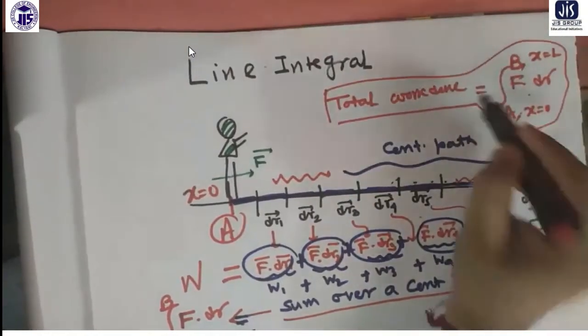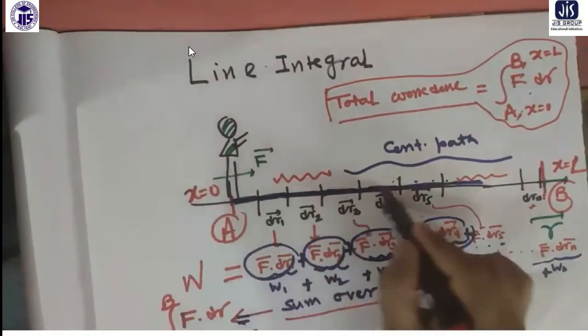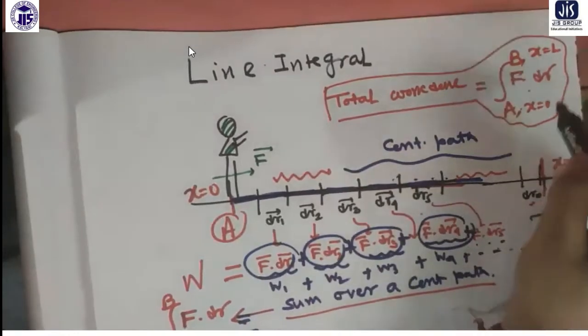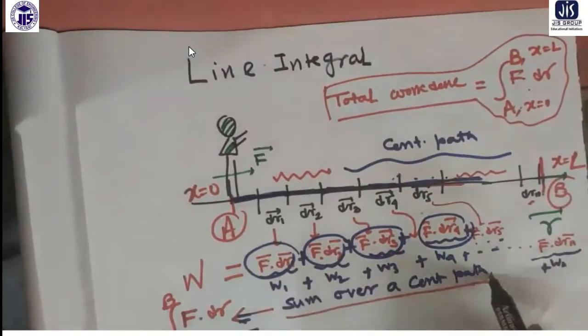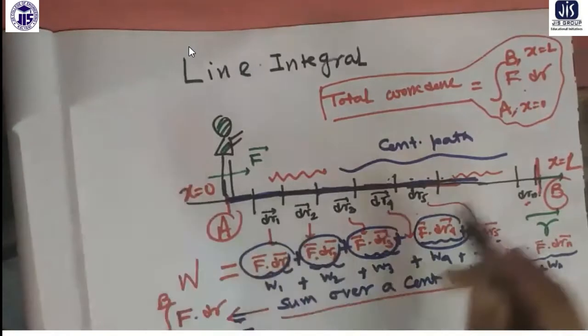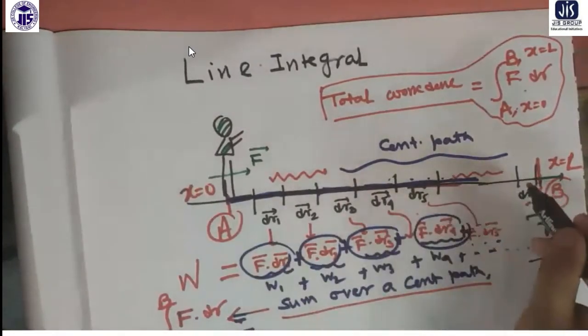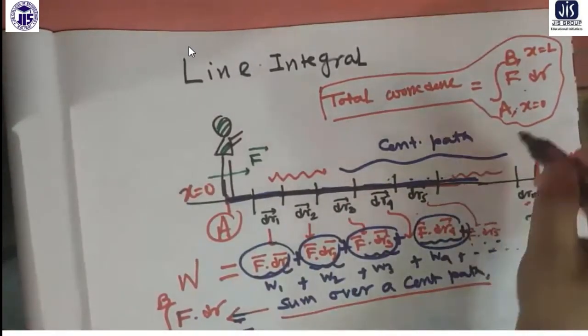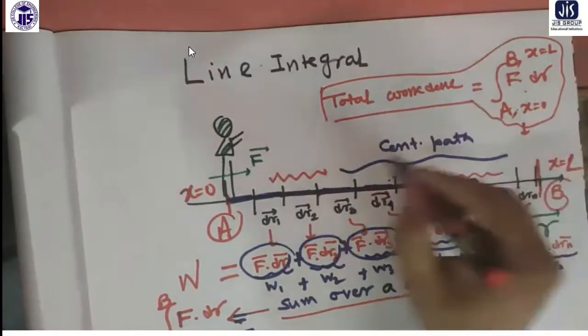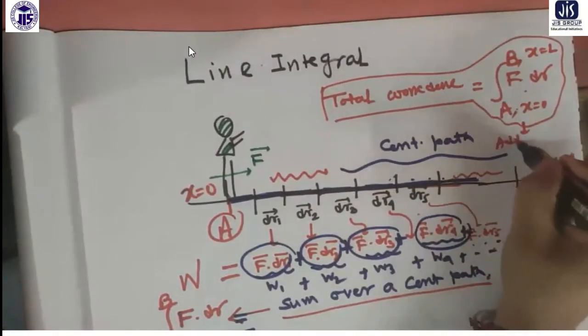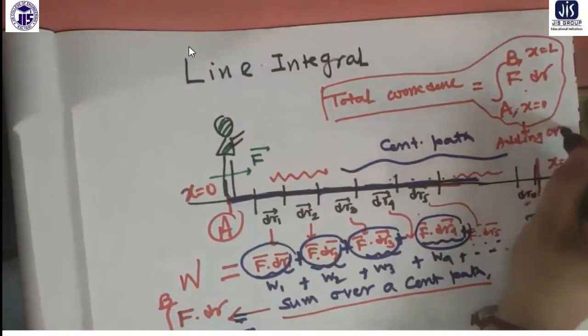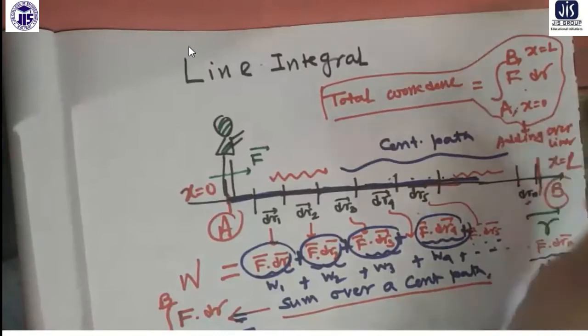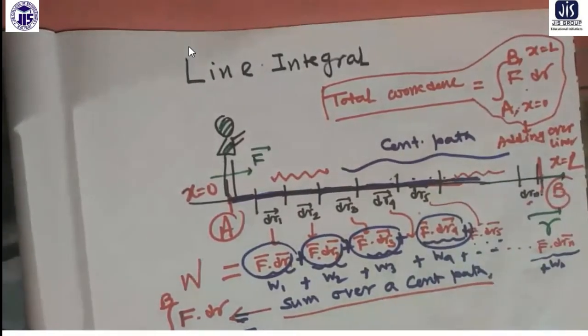Along the length L, as the person moves, he does this much amount of work, and this is nothing but a summation. I am doing small works as the person is walking over a linear path. So I am adding over a line. Integration is summation, so I am adding over a line.